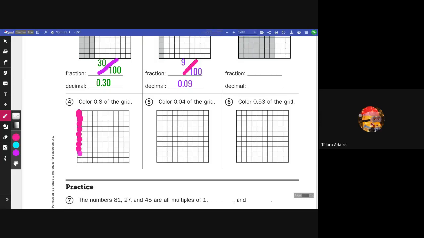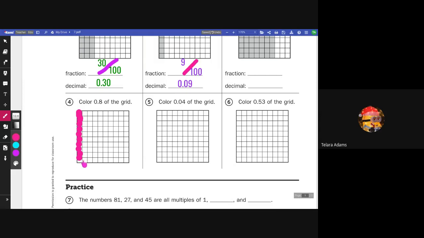Is that right? Is that 8 tenths? If I divided my grid into 10 sections, did I just color 8 of them? No, you're right. That's just 8 hundredths because I have 100 pieces.